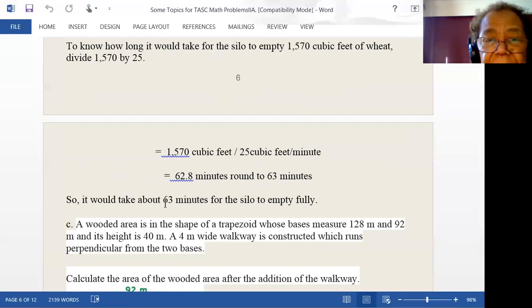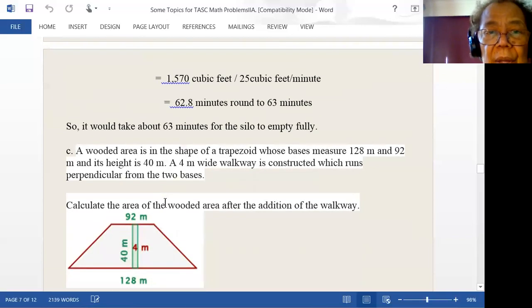The next problem deals with a trapezoid. We have a wooded area shaped like a trapezoid. And this trapezoid, notice we have a walkway we put between the sides of the trapezoid. It's almost in the middle, okay?